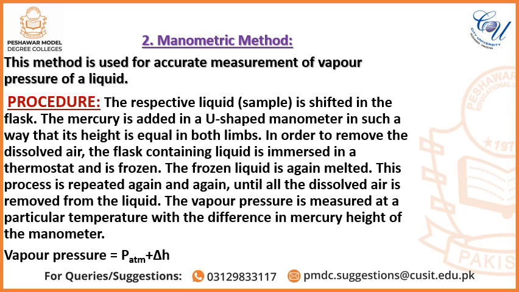In order to remove the dissolved or entrapped air, the flask containing liquid is immersed in a thermostat and is frozen. The frozen liquid is again melted. This process is repeated again and again until all the dissolved air is removed from the liquid. The vapor pressure is measured at a particular temperature with the difference in mercury height of the manometer.